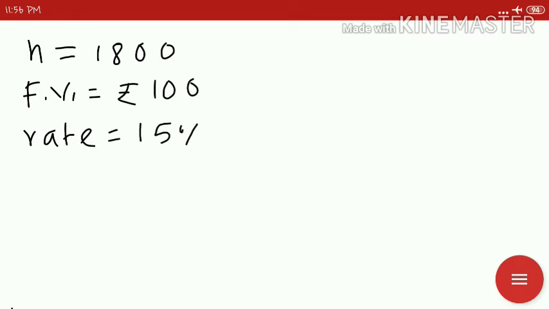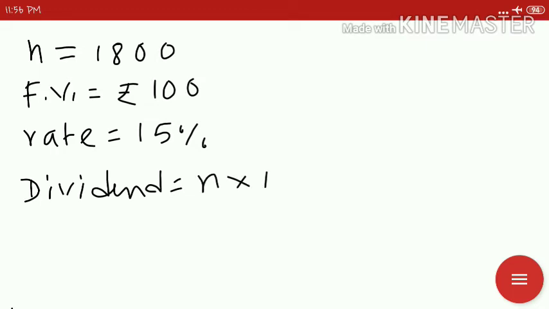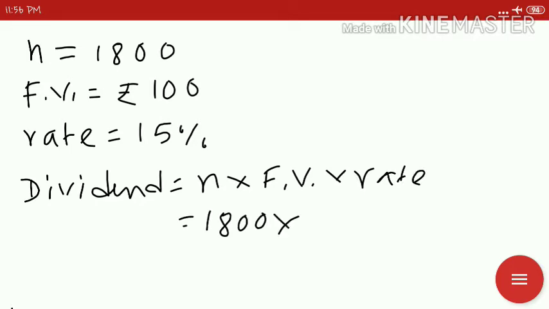So first we need to find out the dividend. You know the formula: dividend equals number of shares into face value into rate. We will put in the values accordingly. The number of shares is 1800, face value is rupees 100, and the rate is 15%, that means 15 by 100.